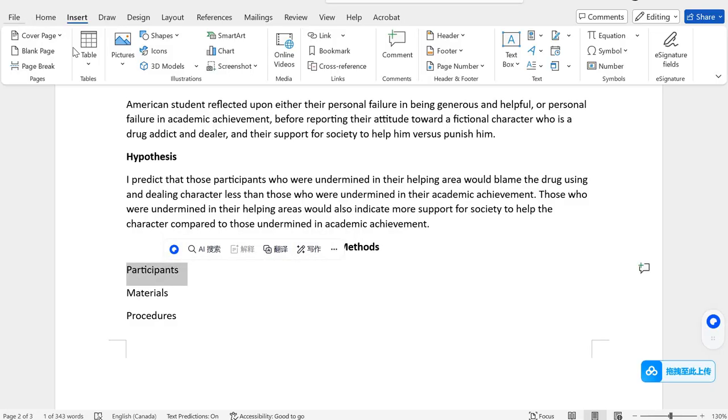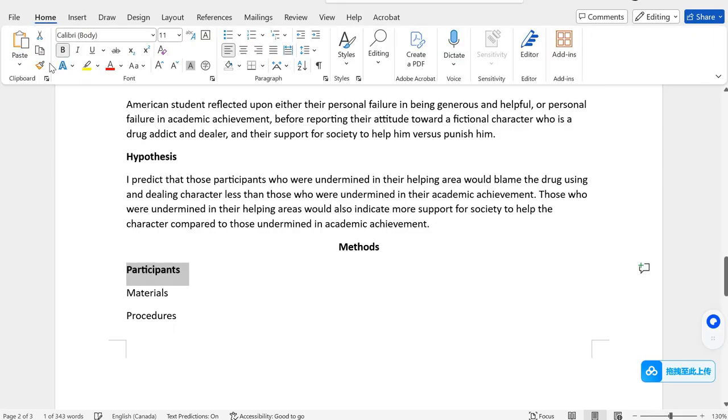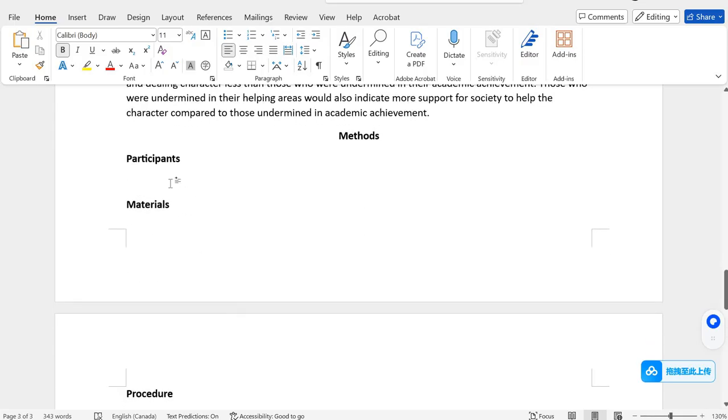Participants, level 2. Materials, level 2. Procedure, level 3. To explain the methods clearly, you need to explain these 3 areas.